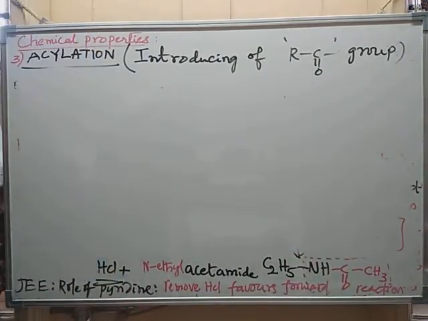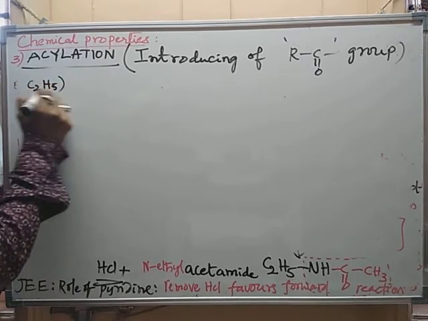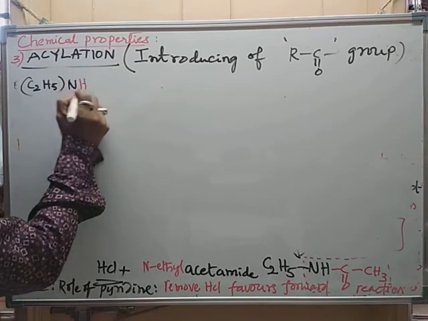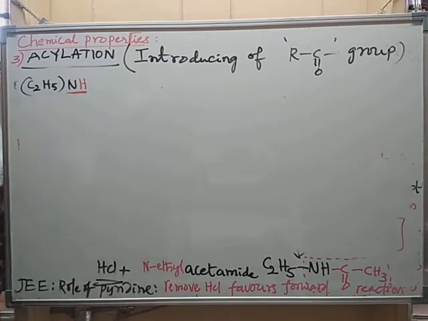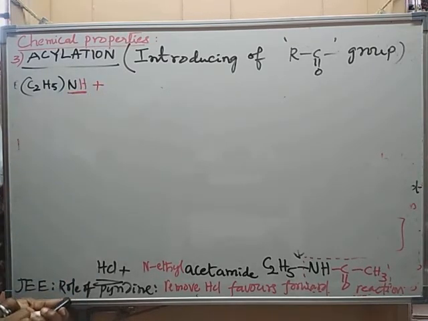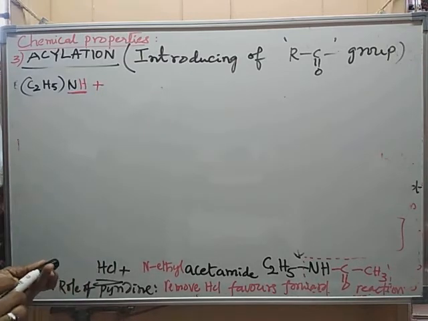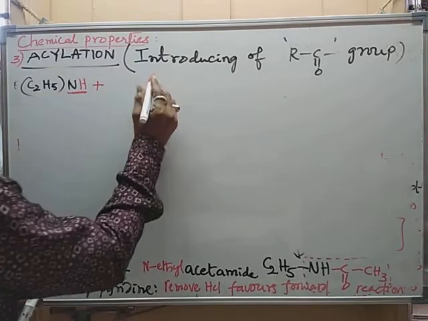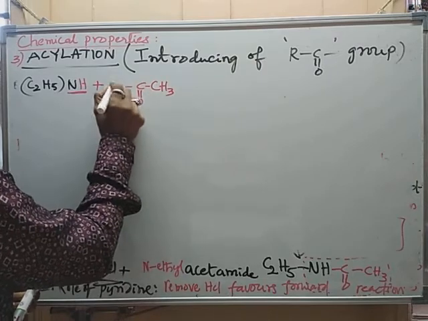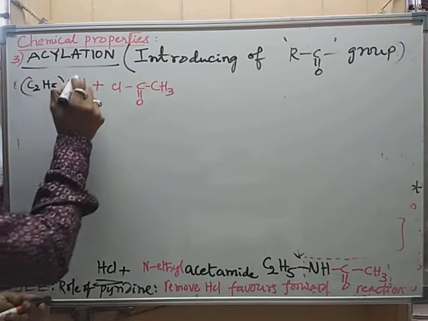The next example is (C2H5)2NH. Still, what is present on the N atom? An H atom is present on the N atom, then it reacts with acetyl chloride, CH3COCl. Why in this style? For convenience in our learning.